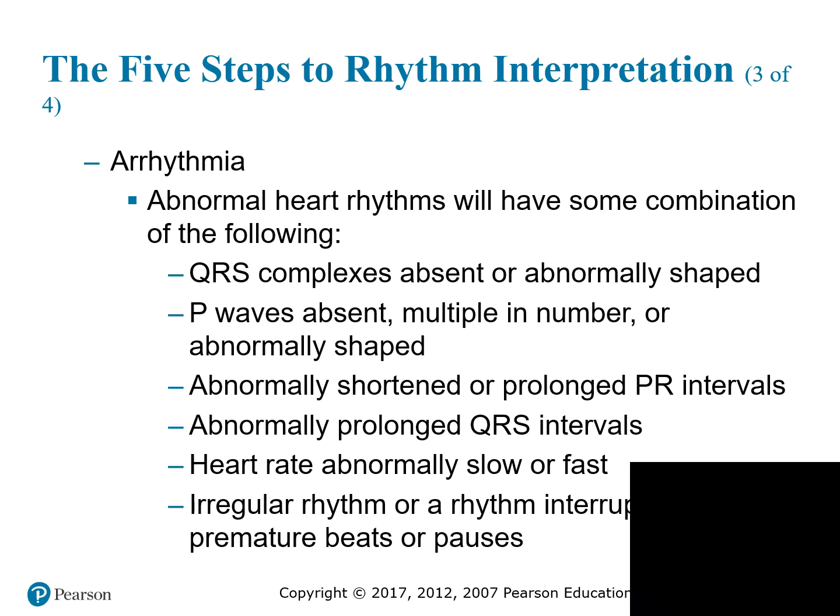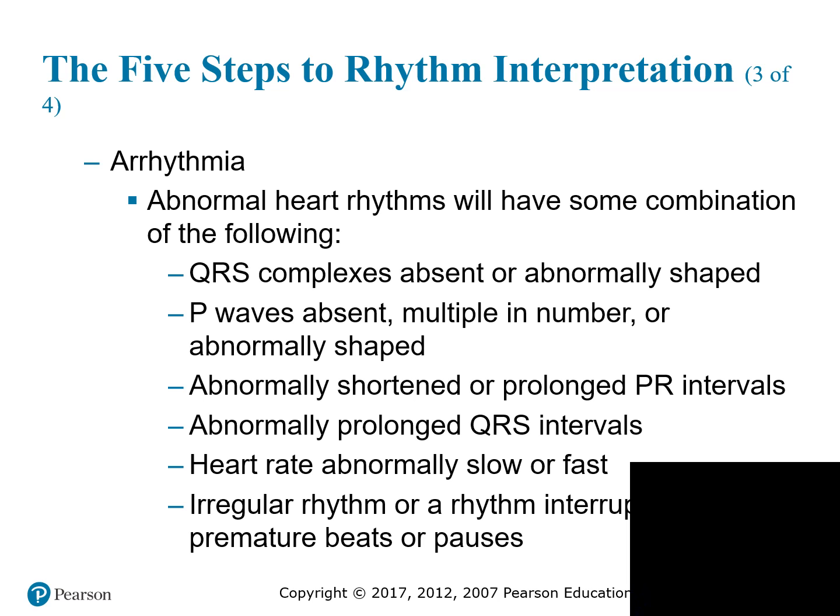Abnormally prolonged QRS intervals, meaning you have a wide, or wide and bizarre, QRS, which makes your normal QRS wider than it was supposed to be. Heart rates that are abnormally slow or fast, meaning your heart rate is below 60 beats per minute, or above 100 beats per minute.